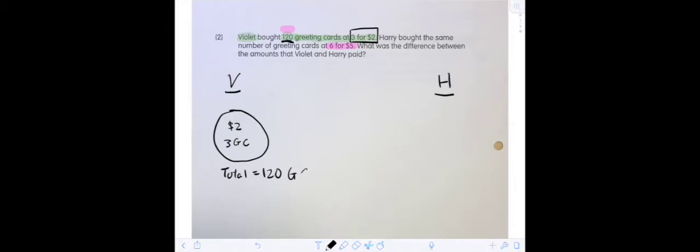If I take 120 divided by 3, I can find how many pizzas there are here, because this 120 is split equally, 3 going to each group until there's no more. So if I take 120 divided by the 3 greeting cards, I have 40 sets altogether.